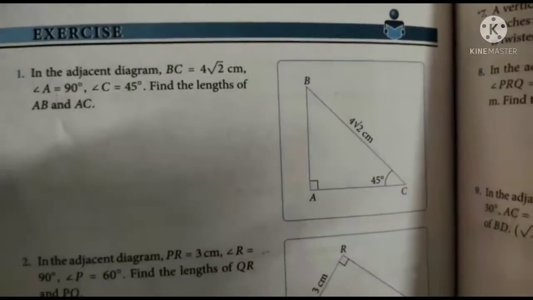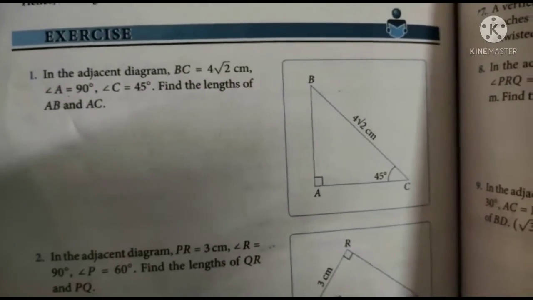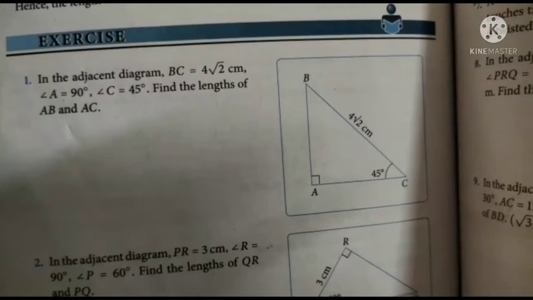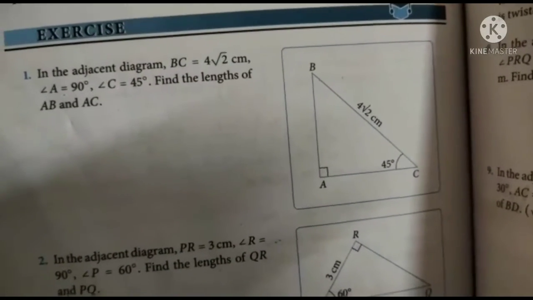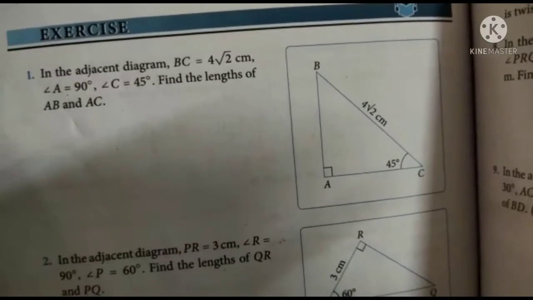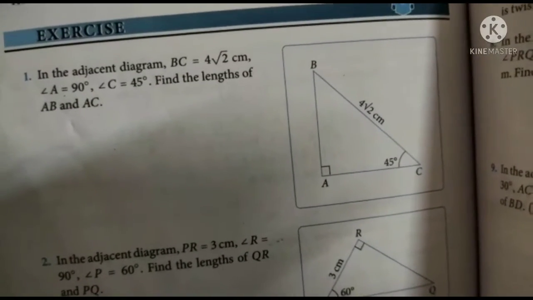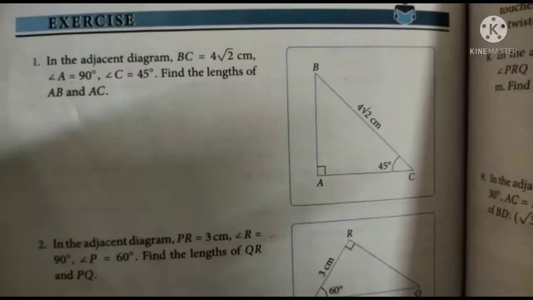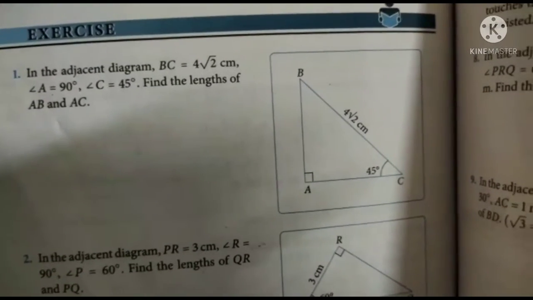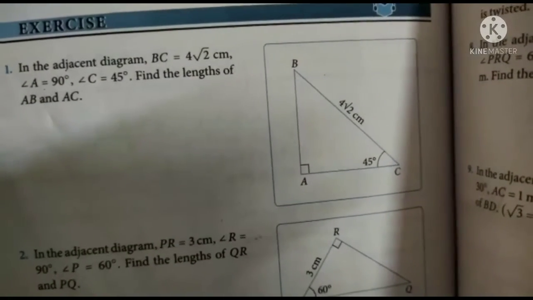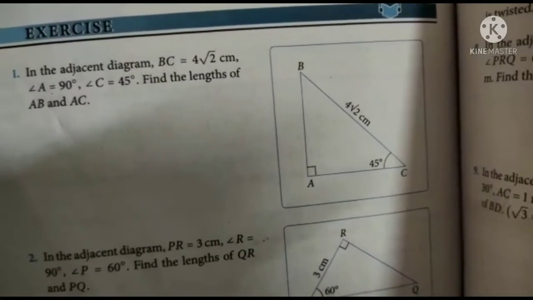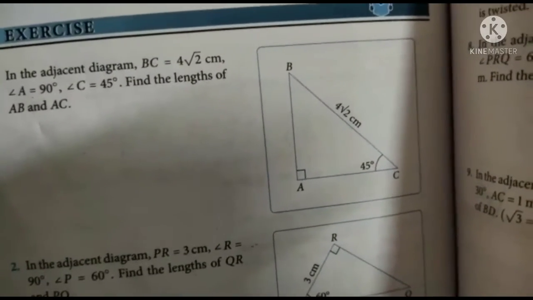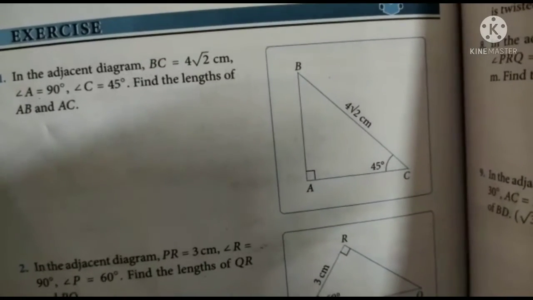This is the question: in the adjacent diagram, BC is equal to 4√2 centimeter, angle A is equal to 90 degrees, angle C is equal to 45 degrees. Find the length of AB and AC. In the diagram, AB is acting as the perpendicular, AC is the base, and BC is the hypotenuse.